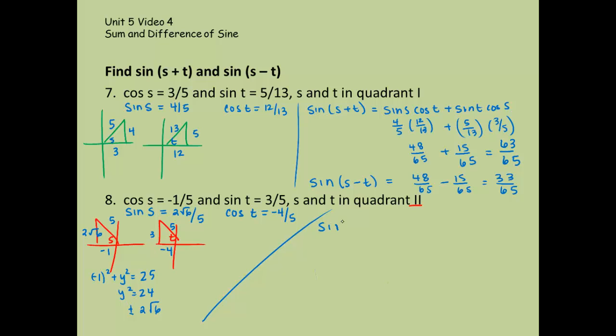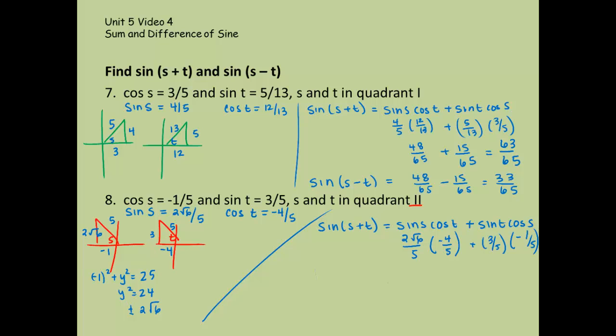So I want to find the sine of S plus T. So I'm going to write it out, the sine of S, the cosine of T, plus the sine of T, the cosine of S. And I can start substituting those values in. The sine of S we calculated to be 2√6 over 5, and the cosine of T we found to be -4/5. The sine of T they gave us to be 3/5, and the cosine of S they gave us to be -1/5.